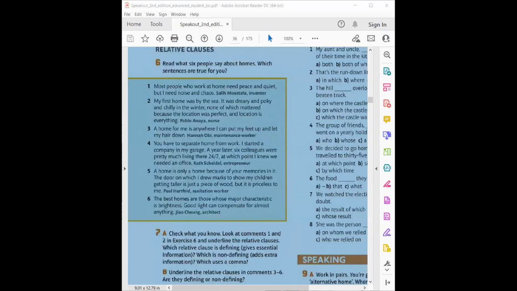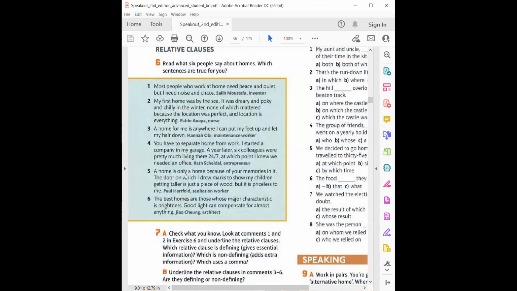Okay, welcome back. So now let's have a look here. If you can look at the sentences here, can you underline for me the relative pronouns? Let's start with them one by one. Are you back, Tartil? Yes.